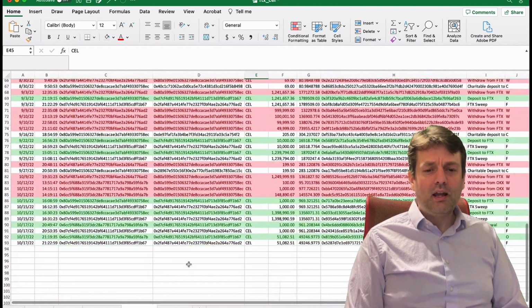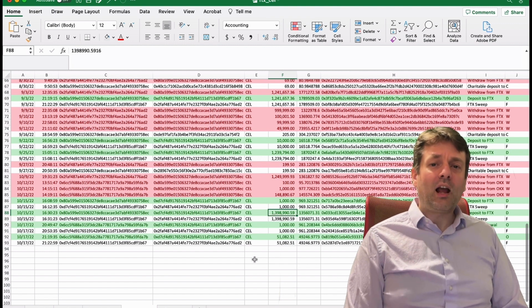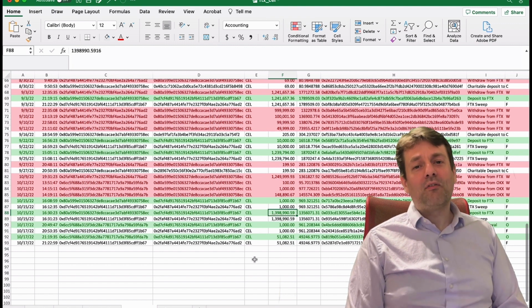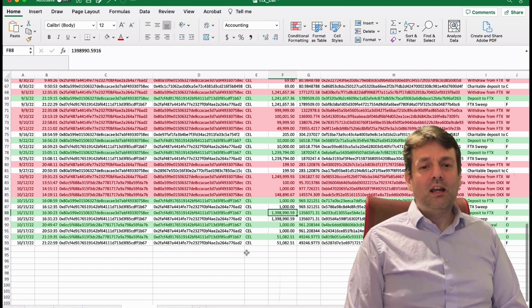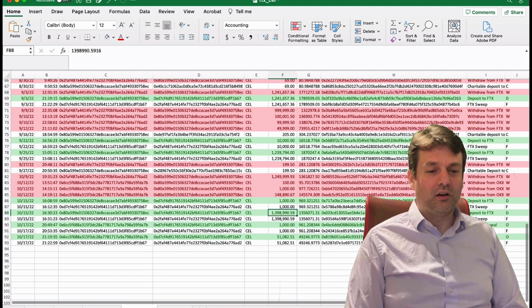And regrettably, he actually seems to have got the bulk of his Cell tokens stuck on FTX, which is likely why he was angrily tweeting when FTX closed, because he no longer has access to his 1.4 million Cell token.